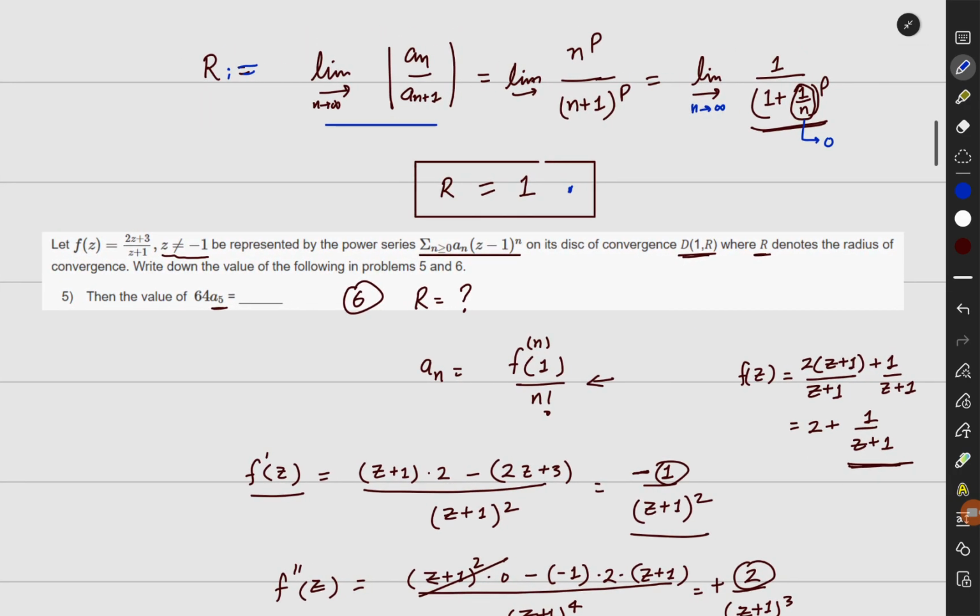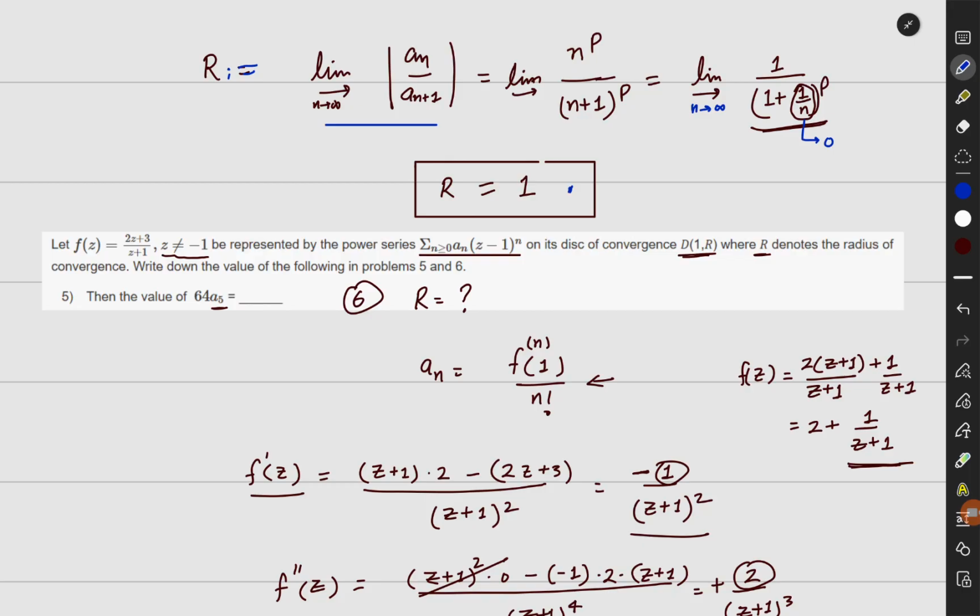Right, so now f(z) is given as (2z plus 3) divided by (z plus 1), which is a holomorphic function defined everywhere but minus 1, and it is represented by a power series around 1.